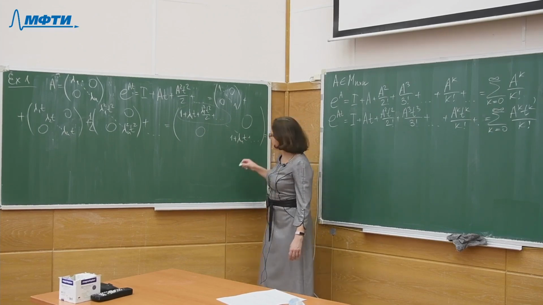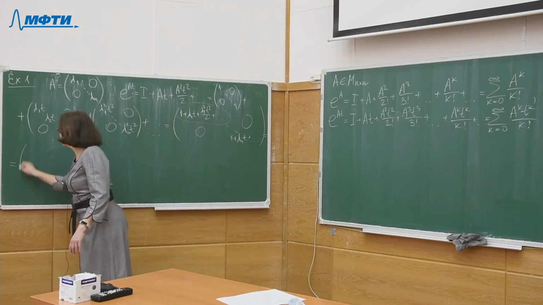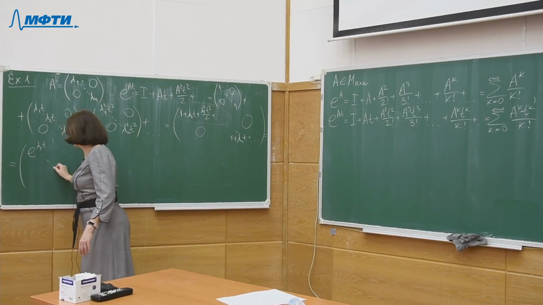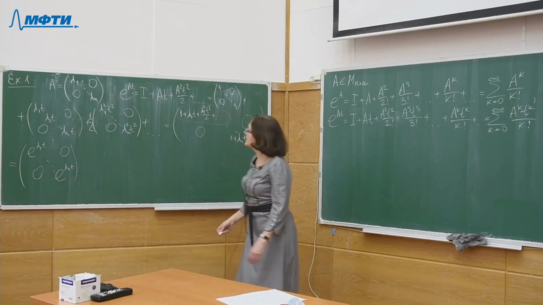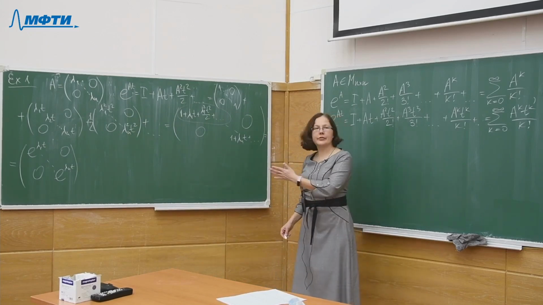So the answer is e to the power lambda 1 t, through e to the power lambda n t, and zeros elsewhere. So for a diagonal matrix, e to the power At can be easily found in this way.